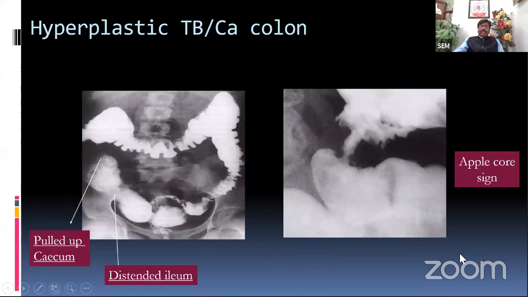In hyperplastic tuberculosis, you will see a pulled up cecum, distended ileum, goose neck deformity. In a tumor in the large intestine, the apple core lesion. So all the 4 signs, you just try to see several of these radiological pictures. All these words have to be memorized and should be vomited during your viva.